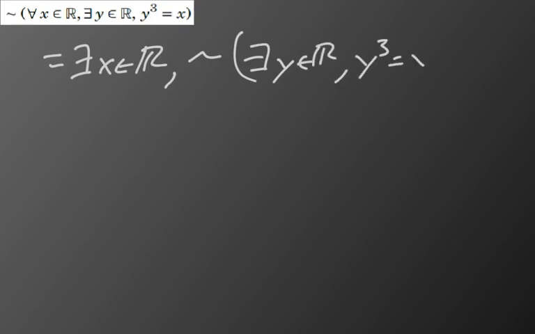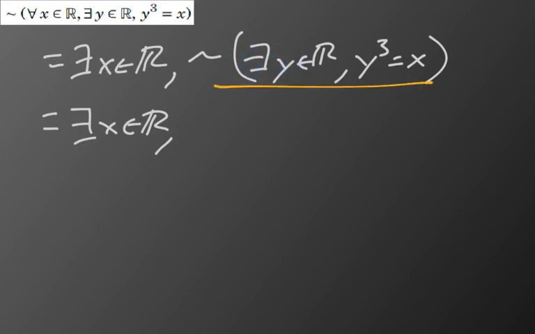Now we've got another quantifier in there, so I'm going to copy this first part down. And then we've got to negate a there exists statement. So this part is going to morph into a for all y in R, not y cubed equals x.